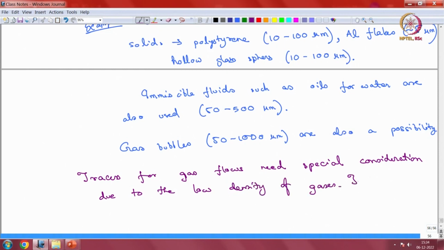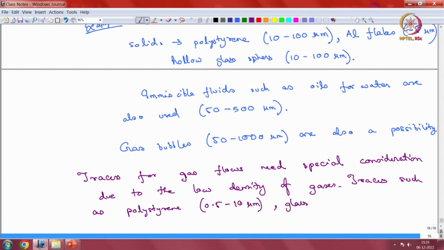So tracers again such as polystyrene, 0.5 to 10 microns, again a suggestive number.